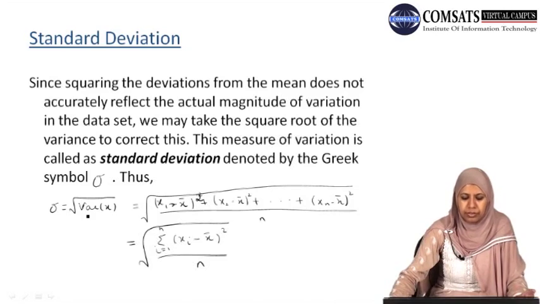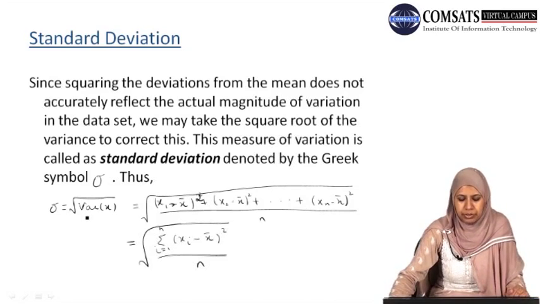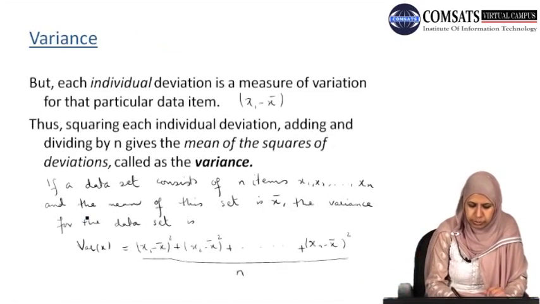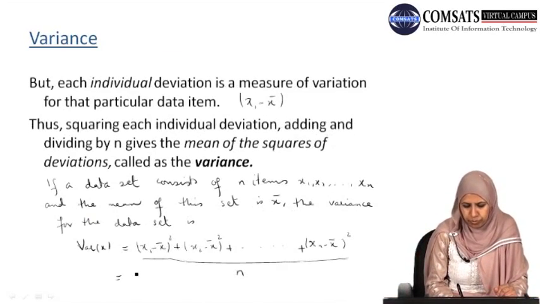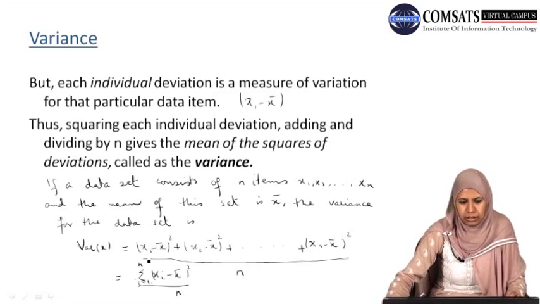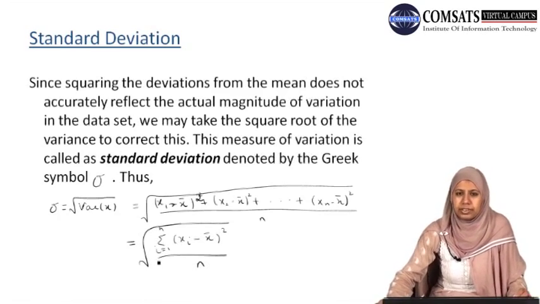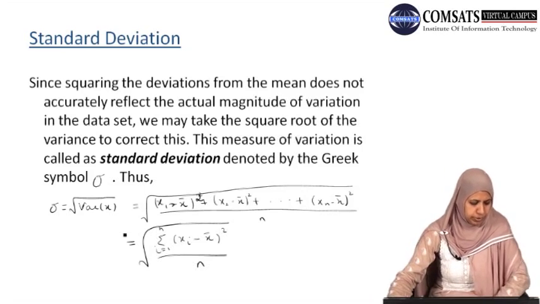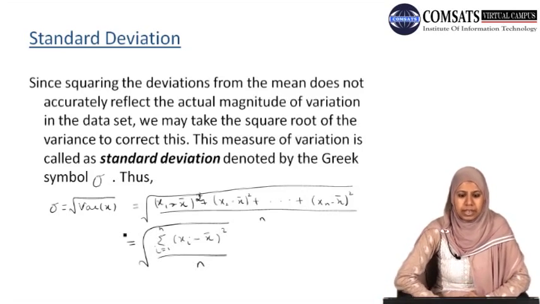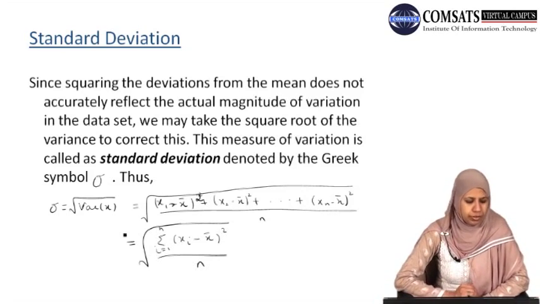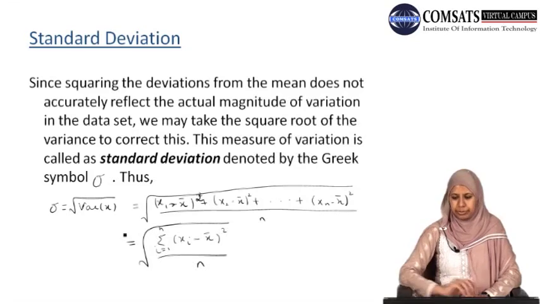We can also write our variance formula in summation form, as the summation of xi minus x bar squared divided by n, where the summation varies from 1 to n. So by using the variance, we have defined our measure of variation known as the standard deviation, and by taking the square root of our variance, this sigma or the standard deviation is the commonly used measure of variation for a set of random numbers.